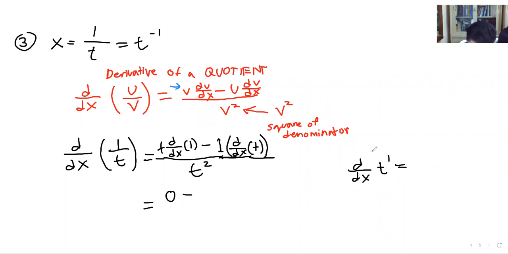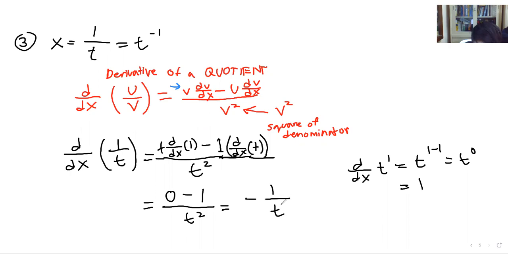So 1 minus 1 equals 0. It turns out that the derivative of any variable raised to the first power is always 1. So it's 1 over t squared. So this equals 1 over t squared.